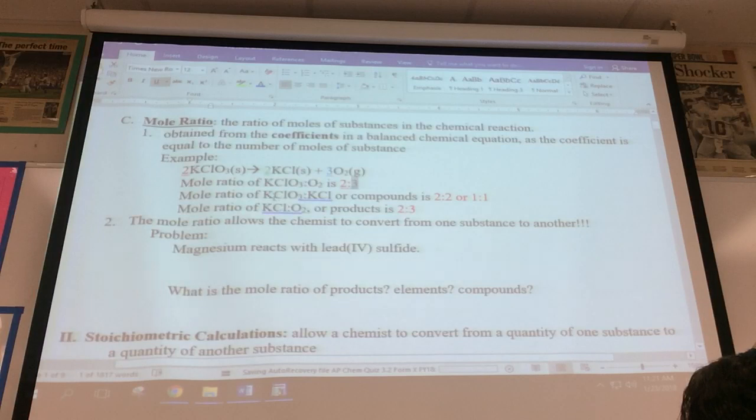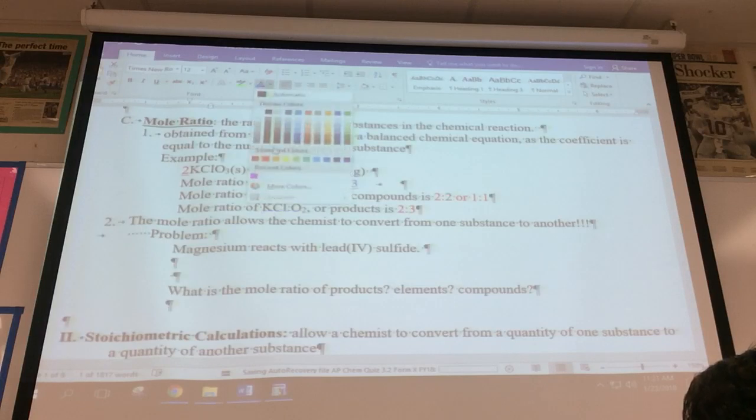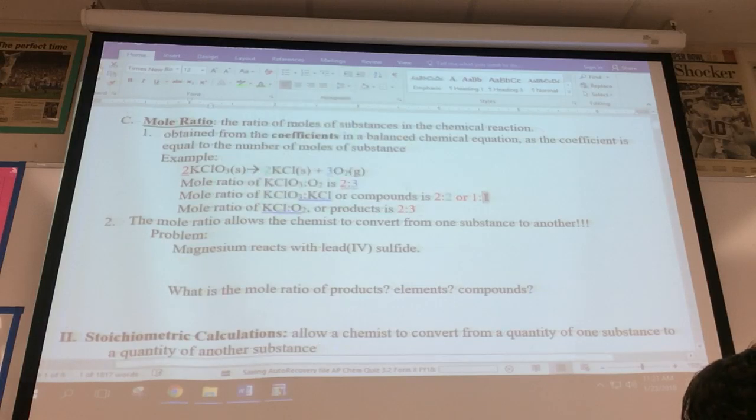In the second example, the mole ratio of potassium chlorate to potassium chloride, this may also be written as the mole ratio of potassium containing compounds. Potassium chlorate is 2, potassium chloride is 2 as well. That mole ratio is 2 to 2, or in some instances it may be beneficial to reduce it down.